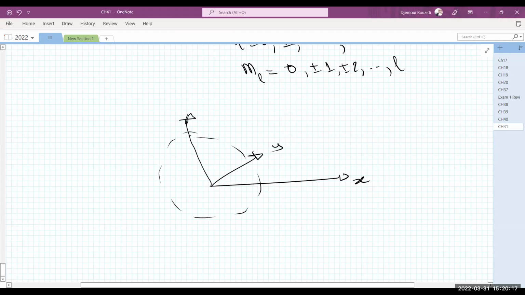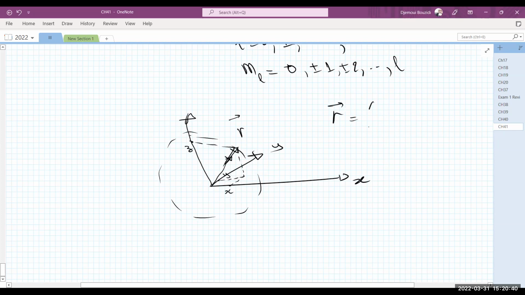You take the same vector r, and you project it into the xy plane. The component in here is your x coordinate, the component in here is your y coordinate, and this coordinate is going to be your z component.